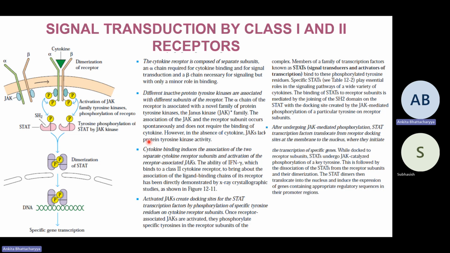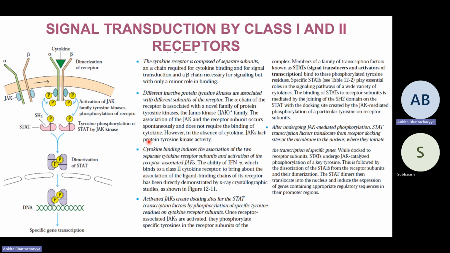The ability of interferon gamma, which binds to a class 2 cytokine receptor, to bring about the association of the ligand binding chain of its receptor has been directly demonstrated by X-ray crystallographic studies. So what happens downstream of it?